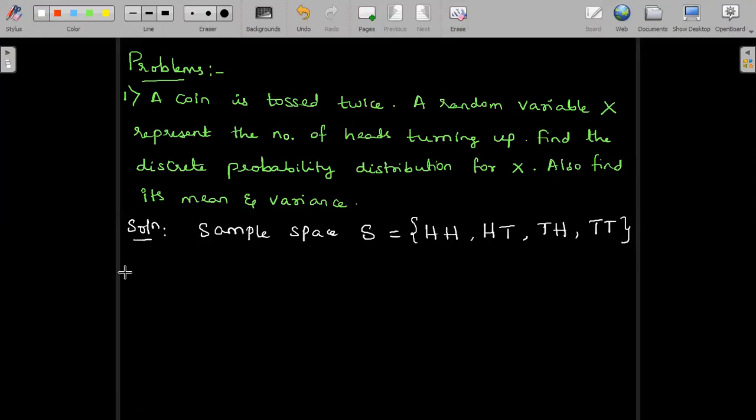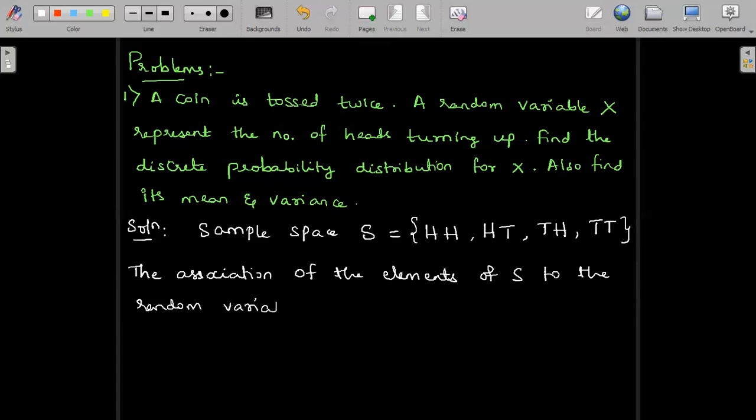Now, the association of the elements of the sample space S to the random variable X. In order to write down the range of X, we need to know this association.